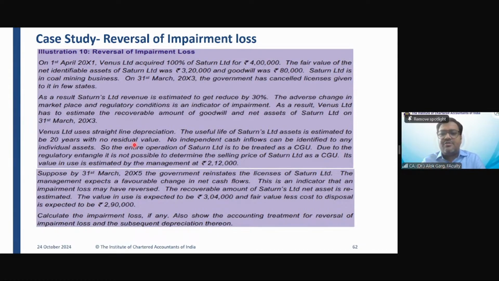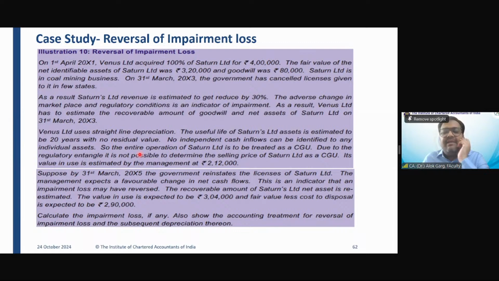This situation is talking about 31st March 2003, after 2 years. The life of the asset is 20 years with no residual value. 320 divided by 20 multiplied by 2, how much is the depreciation for 2 years? 32,000.